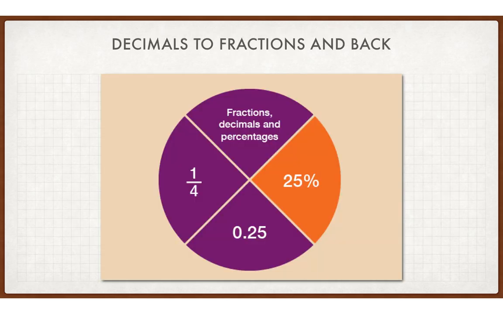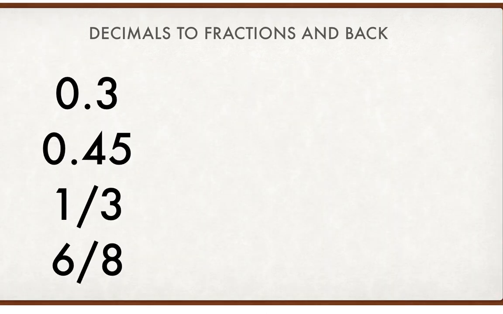The next transition we're going to make is decimals to fractions, and then of course reverse, fractions to decimals. As we go decimals to fractions and back, the first thing is to understand, especially with decimals, what the place value is. When I look at that first one there, I see 3/10.